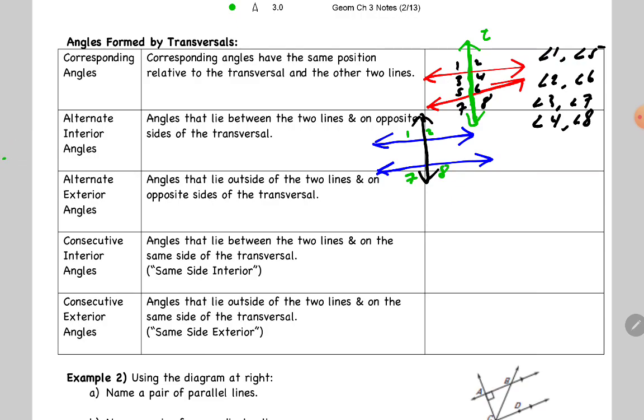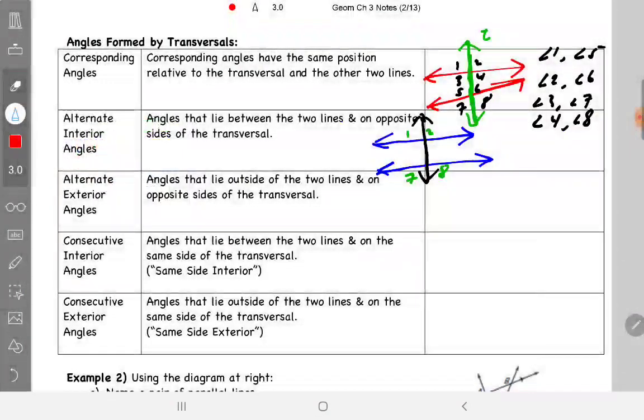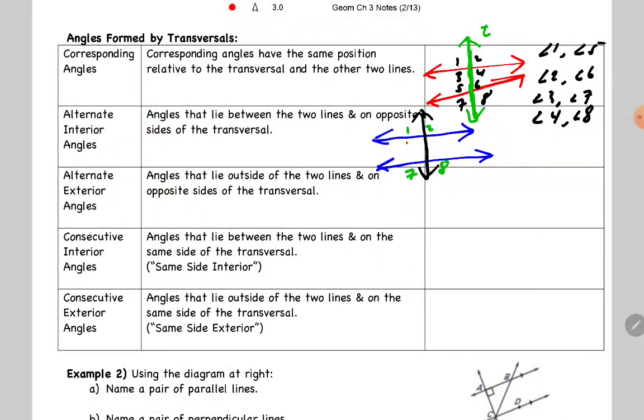The interior angles I will mark in red. So the interior angles are all the angles on the inside: 3, 4, 5, 6.